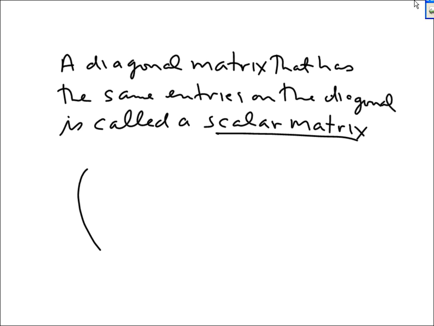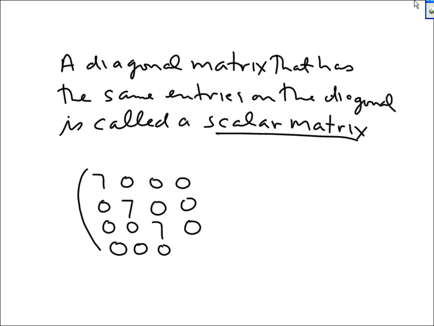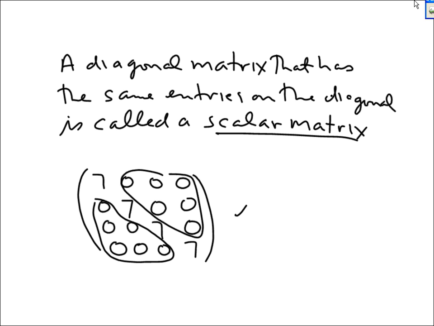Let's talk about a 4 by 4. So if I have 7, 0, 0, 0, 0, I have to have a 7 again. 0, 0, 0, 0, a 7 again, 0, 0, 0, 0, 7. Two comments, or three comments. It's a square matrix. Everything off the diagonal is 0.